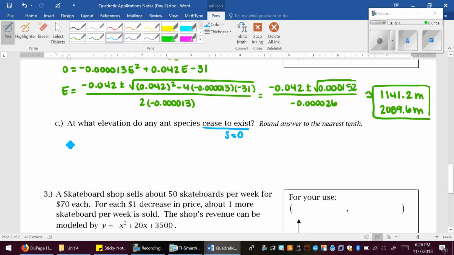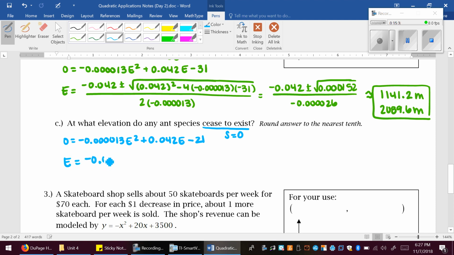So I take my equation, I set it equal to 0. And I am going to use the quadratic formula to solve.